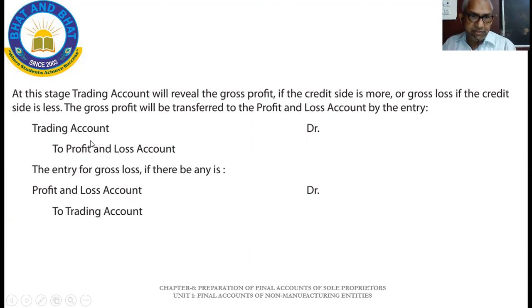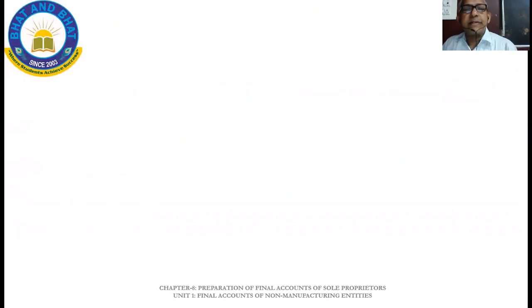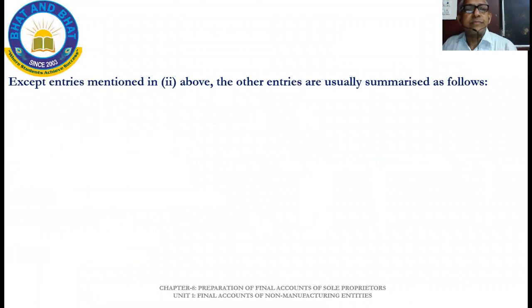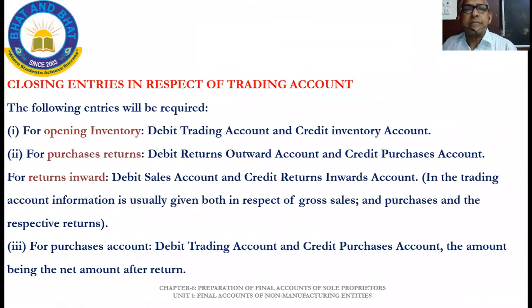Either this will be there if there is profit, or this will be there if there is loss. Then P and L. Before that, this much you do. Closing entries: take the photo, read it. Any doubts, ask me.